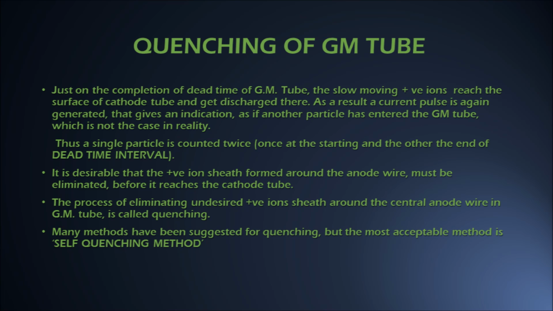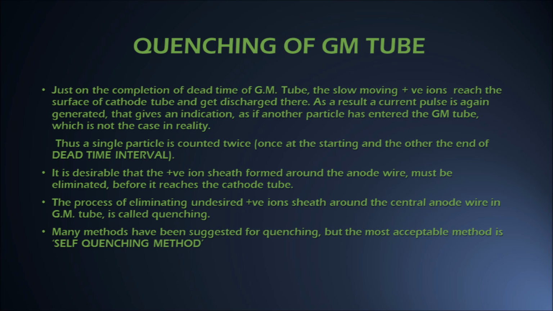Next important point to be discussed here is what is meant by quenching of GM tube. We have just studied what is meant by dead time of GM tube. Just on the completion of this dead time, the positive ions reach the surface of cathode tube and get discharged there.